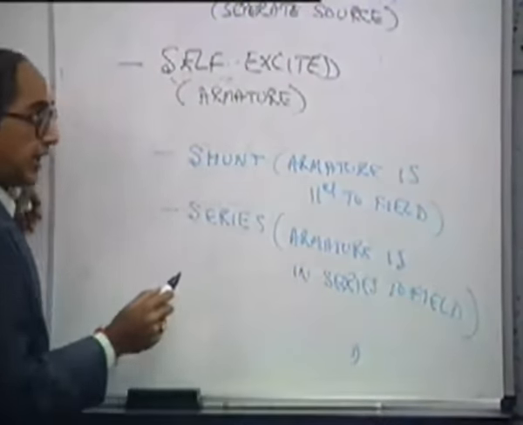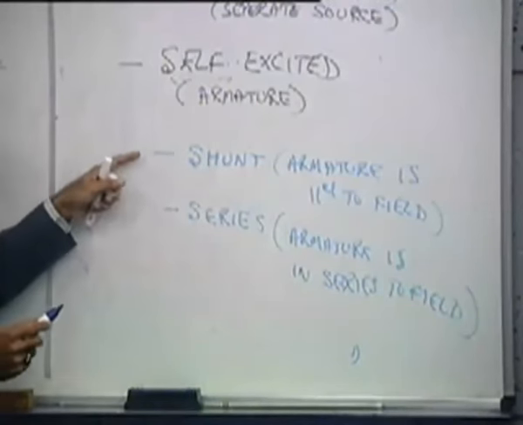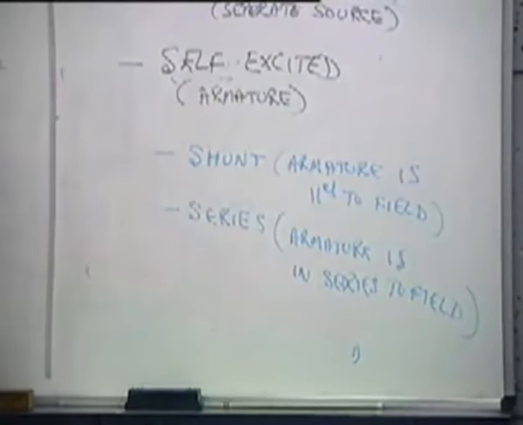So this is basically the thing. So you have one in which you connect the armature across the field, and the other type you connect the armature in series with the field. Okay.